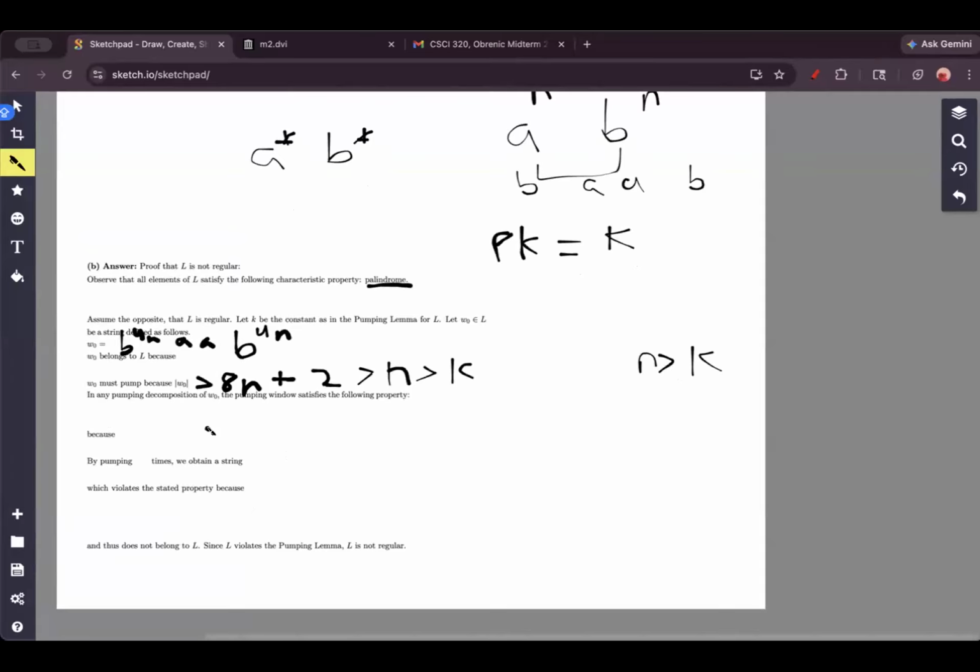In any pumping decomposition of W0, the pumping window satisfies the following property. What do we have to state again? I think you can decompose that. The length of the pumping window.